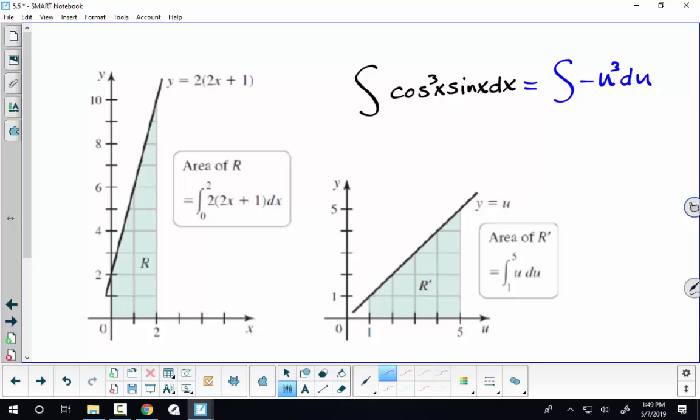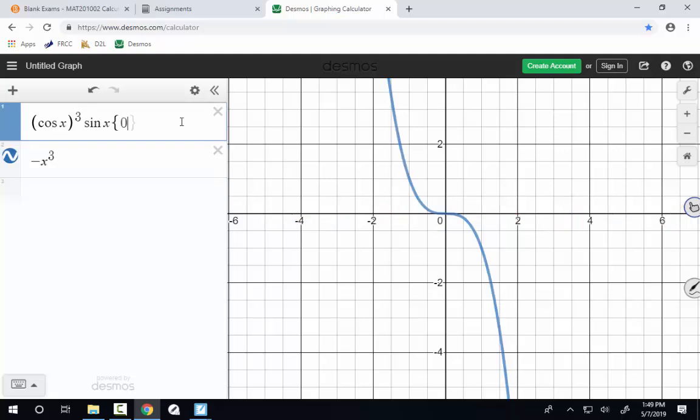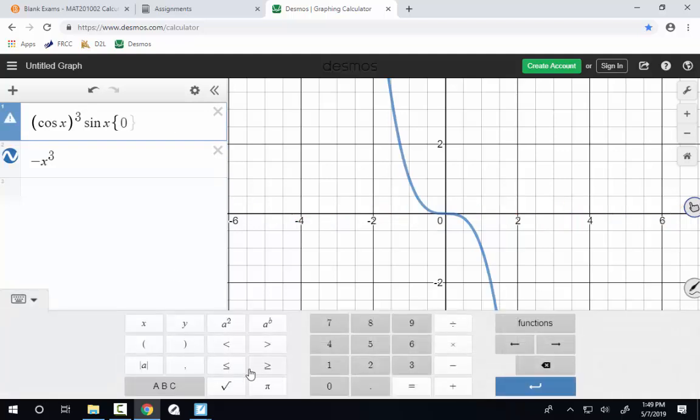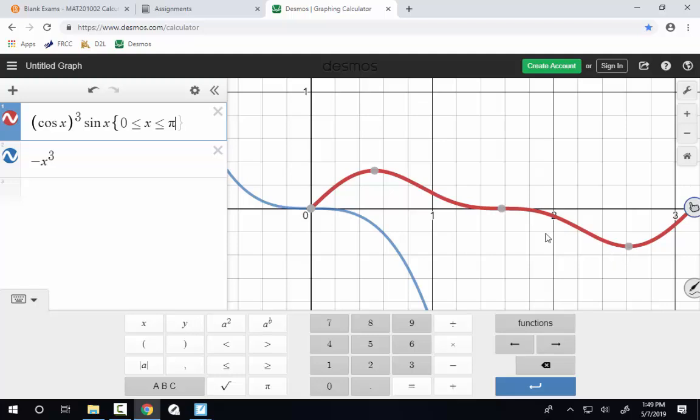Let's say we go from 0 to pi. Instead of finding the net area under this figure, what was U? U was cosine. And x equals 0, cosine.